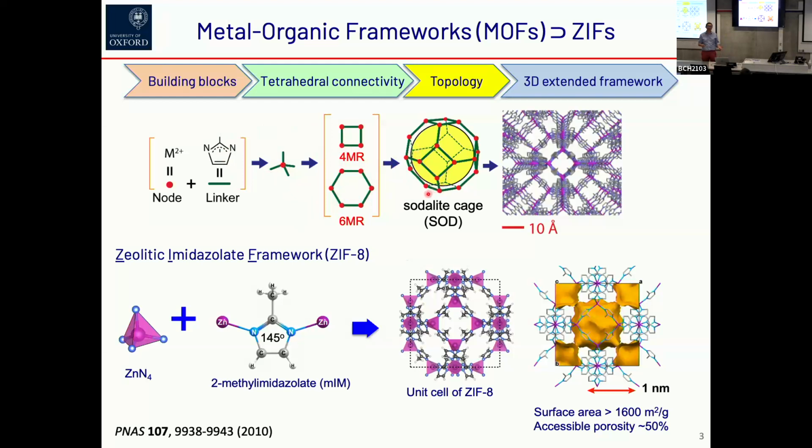In this instance, a sodalite-like cage, which is the one of ZIF-8, but there are very many other topologies out there, and they self-assemble to form crystals, which are extended 3D frameworks. Okay, so what is of interest to this community is that we've got the internal core, which can be evacuated and then utilized to encapsulate some gas molecules, for example, liquids, and other species, if you like.